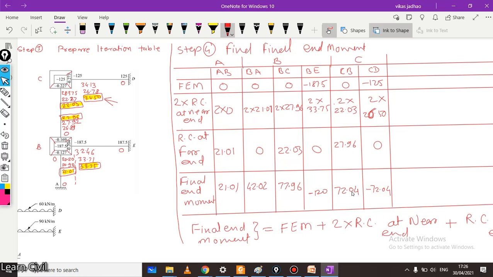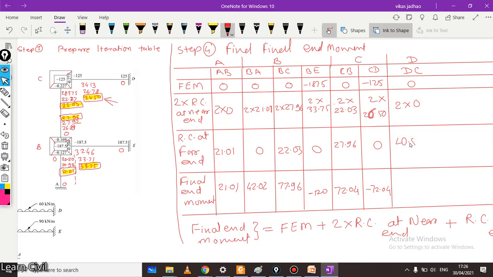Okay, and at this joint D, again we have only one member, that is DC. Fixed end moment at DC is 0. 2 into rotation contribution at near end is 0 again. Rotation contribution at far end is 26.50.